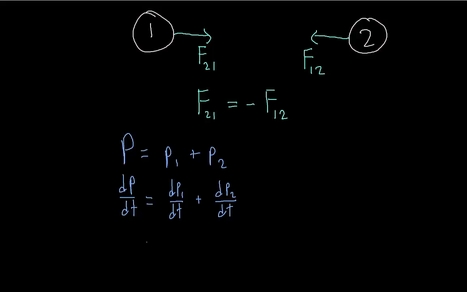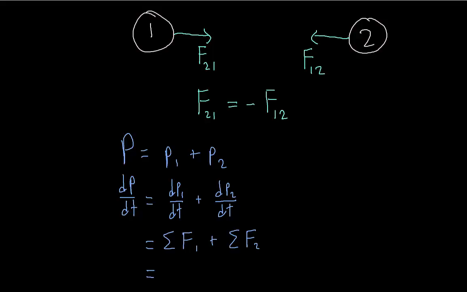And so we just found out that the rate of change of the momentum of an object is the same thing as the net force on the object. So we can replace the derivative of P1 and P2 by the net force on object 1 and the net force on object 2.